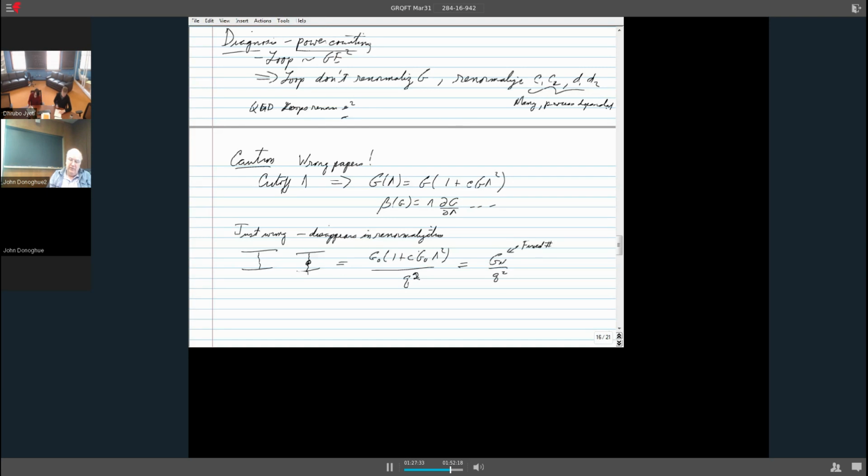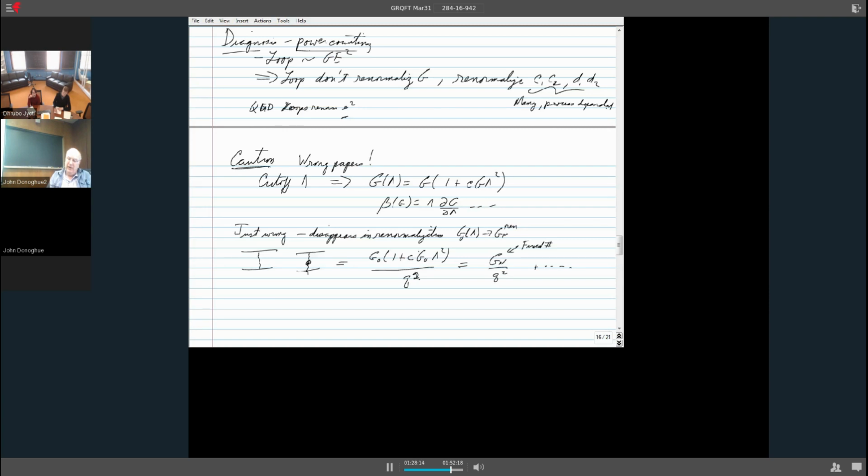And then if you do a cutoff lambda, you always get G of lambda, which is G times 1 plus some constant times G lambda squared. And then they try to say the beta function of G, so beta for G, is lambda dG d lambda, etc. It's not 0 then. And that's wrong. This is just wrong.